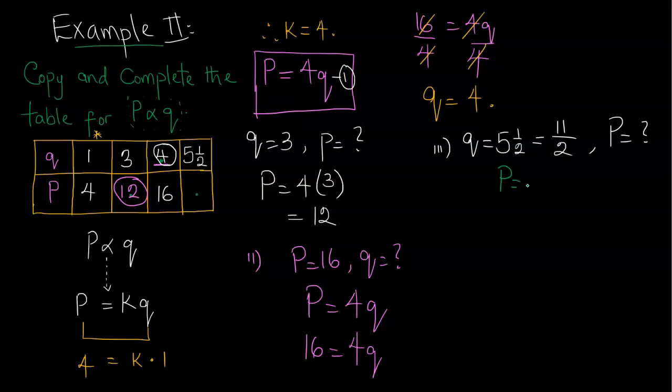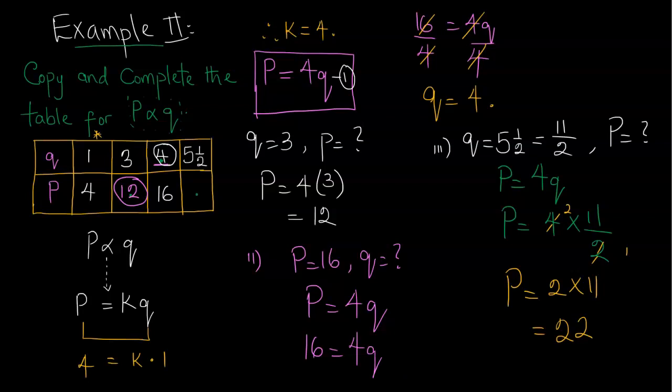That's p equals 4q. So since p is unknown, this is 4 times q, which is 11 over 2. So 2 can just reduce 4 twice, and my p is going to be 2 times 11, and this is 22. So I'm just going to fill this in. When q is 5 1/2, p is equal to 22.